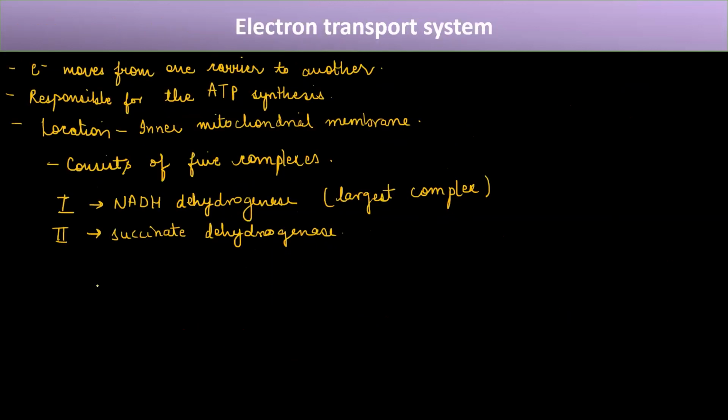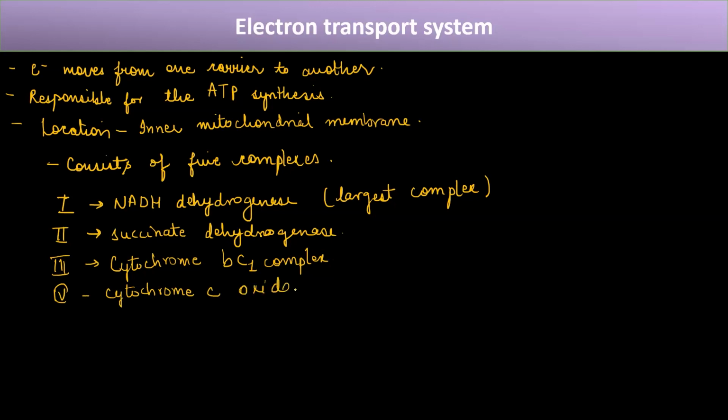Now the third complex is known as the cytochrome BC1 complex. The fourth complex is cytochrome C oxidase.